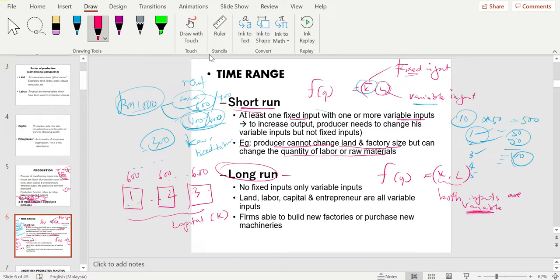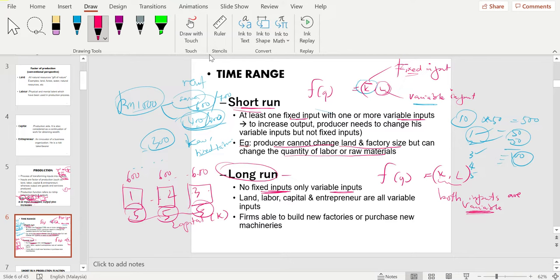Now you are able to finance other branches. Of course, first shop 5 workers, second shop 5 workers, third shop 5 workers. In terms of the labor also variable depending on how many of them you hired. Okay, so there will be no fixed input, only variable input in the long run, because both inputs here that we assume we use are variable.